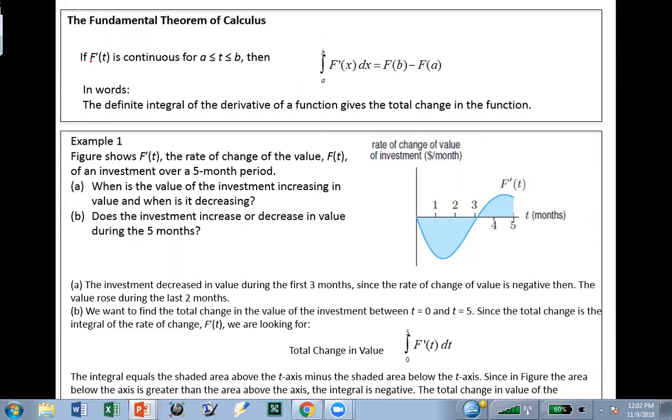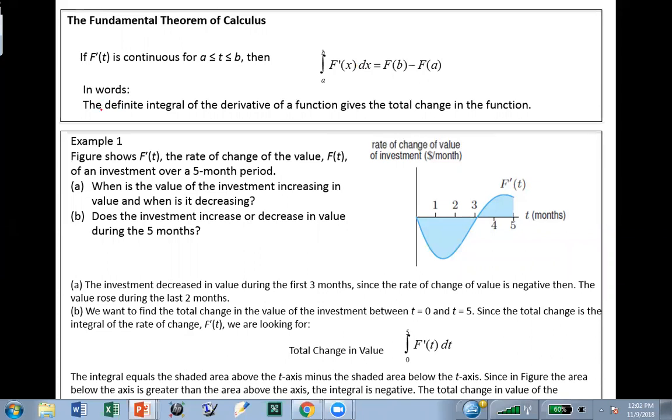If the derivative f prime is a continuous function from a to b, then the definite integral from a to b of f prime of x dx is equal to f of b minus f of a. It's just the difference of the values at the endpoints of the total change function.